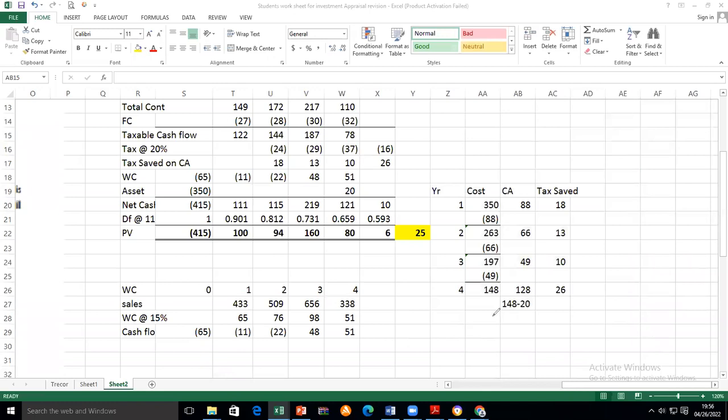Yes, they can tell you to use a straight line method. In which case, what you do, Bertram, is you say the 350 minus the 20 at the end, divided by the 4 years. That's what you do. And the figure that you find, to find the tax saving, you still multiply by the 20%. So yes, it's possible.